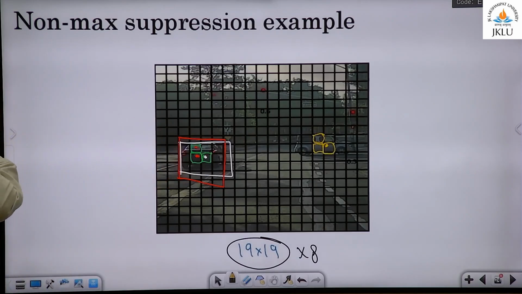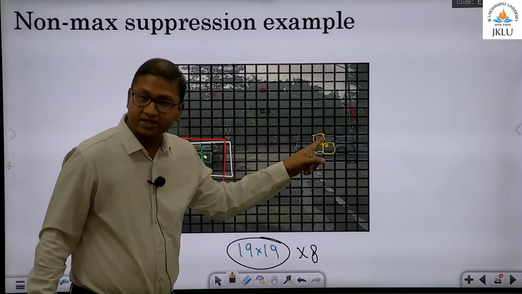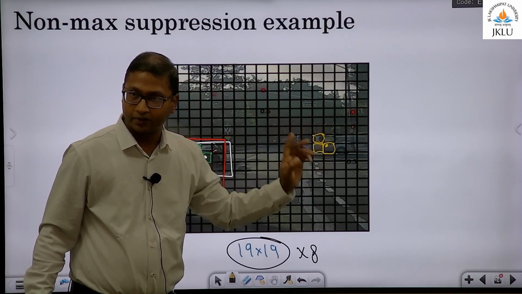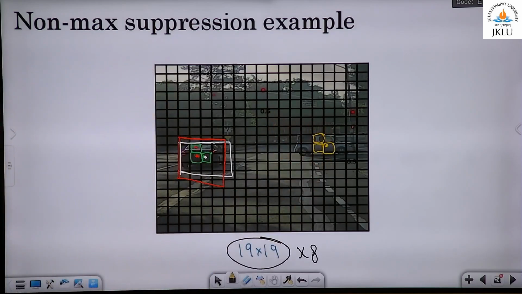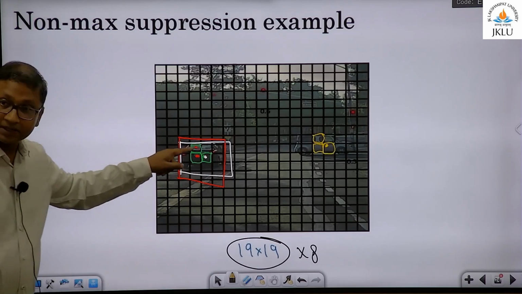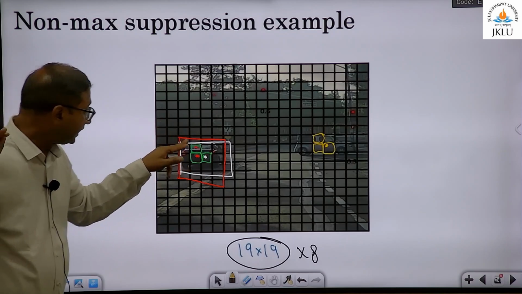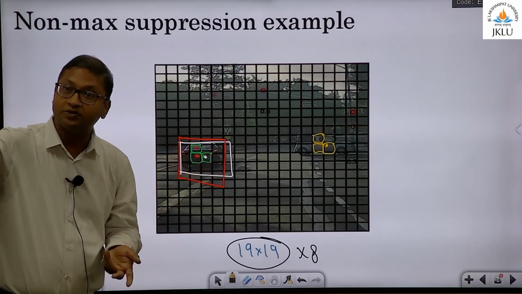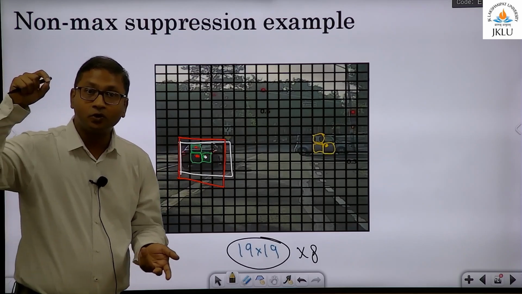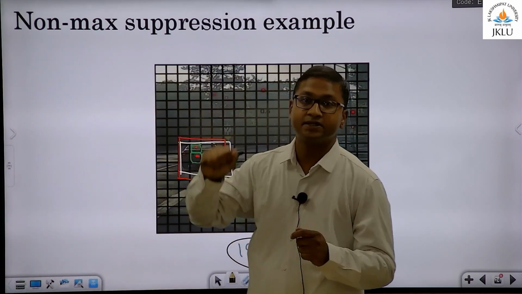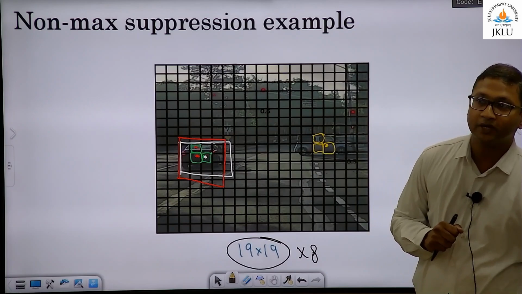How do we take care of this? The same exact argument applies here, so I am not repeating it. If my 3 grid cells are detecting the same object, I need to get rid of this redundancy. How do I do that?